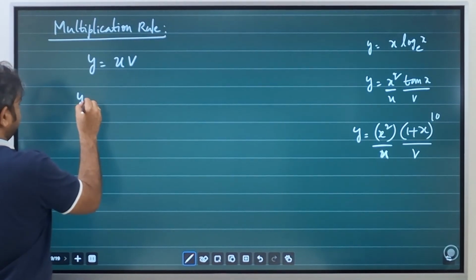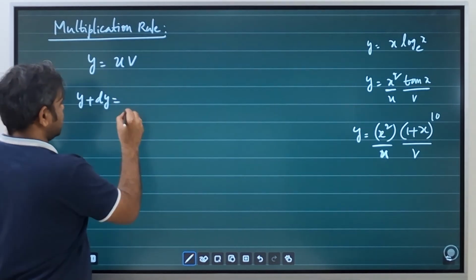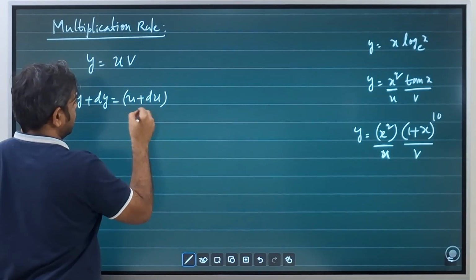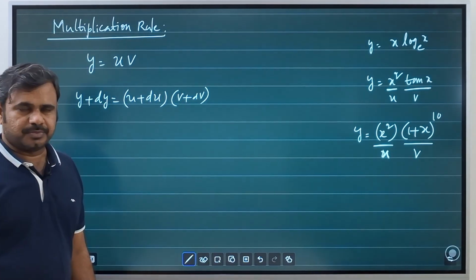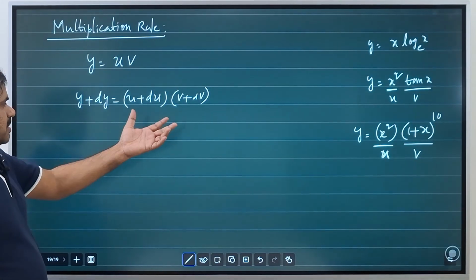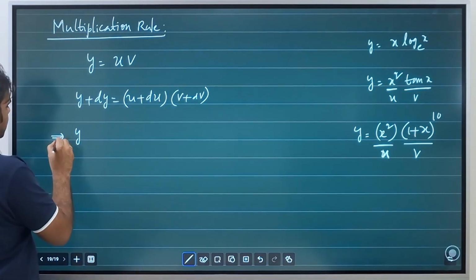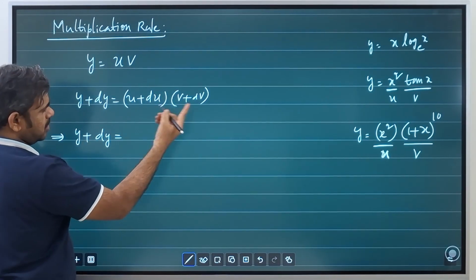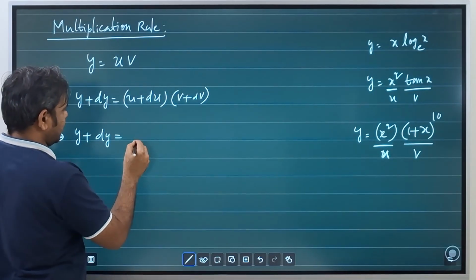This is very simple. If y is equal to u into v, y plus dy is equal to (u plus du) into (v plus dv). Or we can write y plus dy is equal to, multiply each term in the first bracket with each term in the second bracket and expand it.